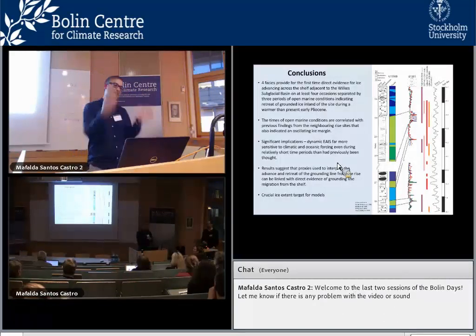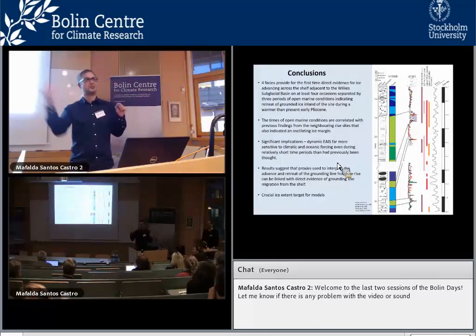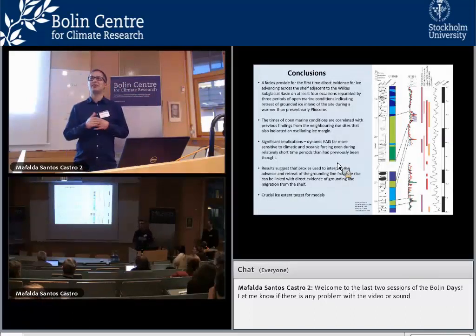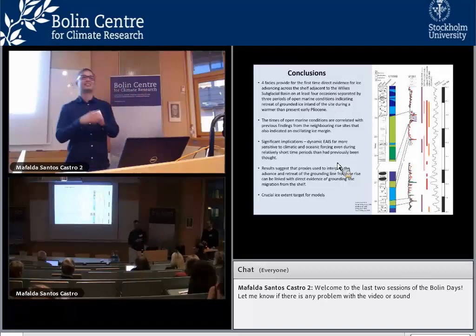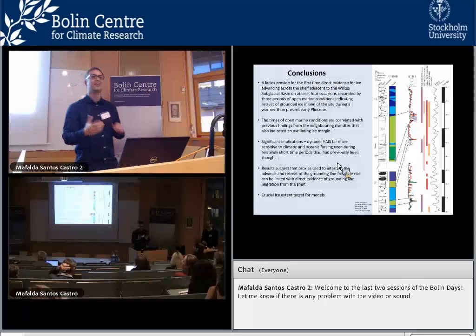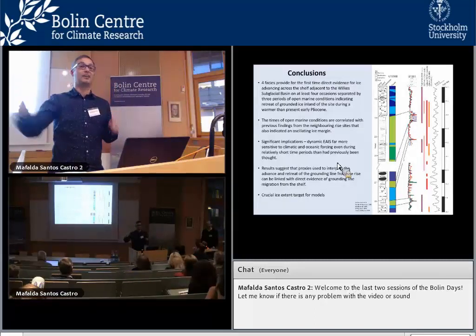And when Pollard and DeConto tried to model it, they couldn't get it to work. It just wouldn't retreat. I think they finally had to adjust it, and it's to do with the ice cliff failure process that they built into it. If you have this ice cliff failure process, then they can retreat the grounding line substantially further back.